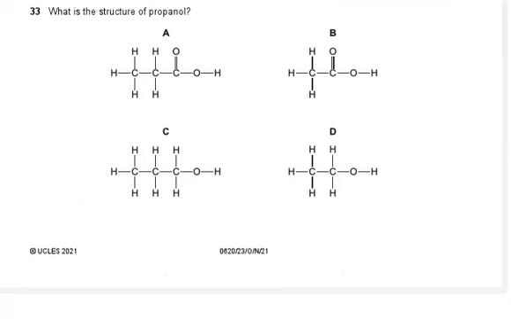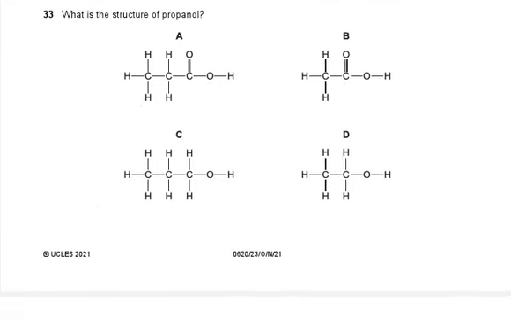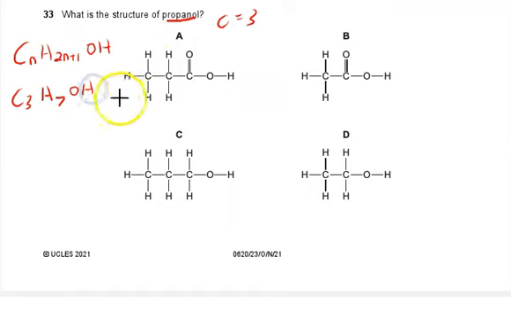Number 33. What is the structure of propanol? The alcohol general formula is CnH2n+1OH. So propanol, C is 3, H is 7, OH. There is no double bond.